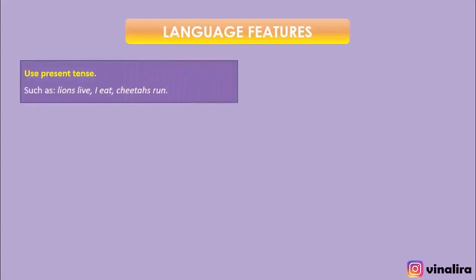There are several language features in this type of text that you need to know. The first one uses present tense, such as lion's life, I eat, cheetah's run.